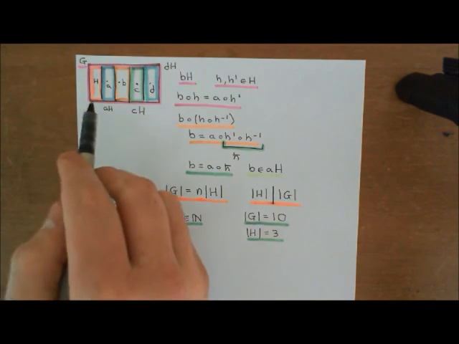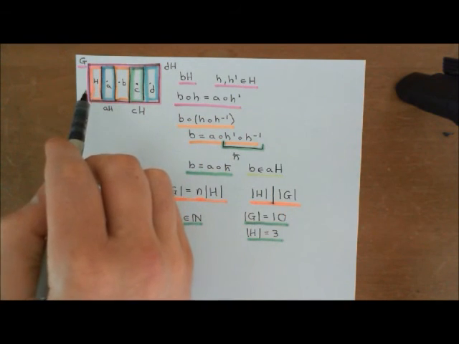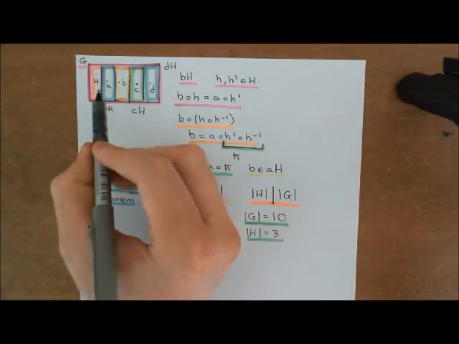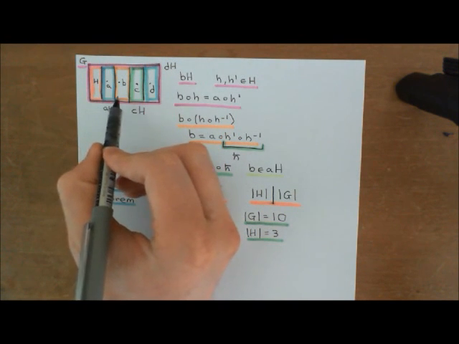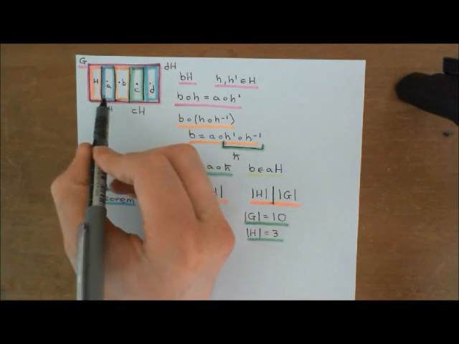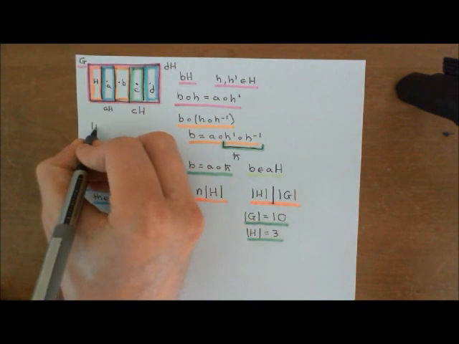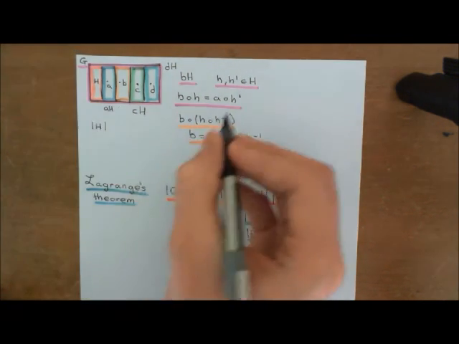Now, the left or right cosets of this subgroup, capital H, if we're talking about finite group theory, are going to have the same number of elements in them as the original subgroup. So we're now assuming that the order of the subgroup is finite, so it's some number.